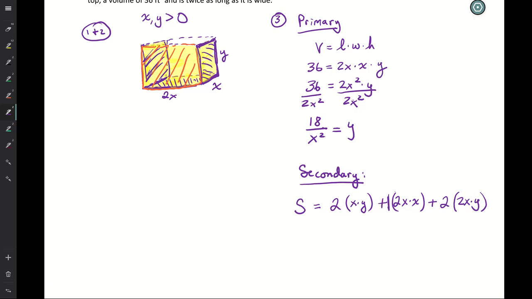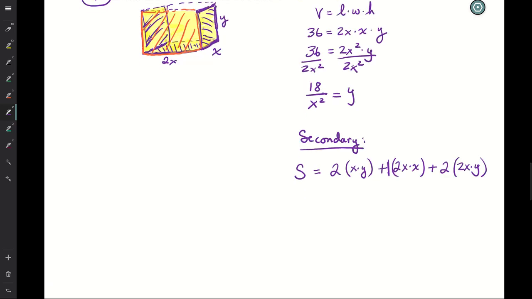From here I'm going to simplify a little bit, and then sub in the y's so that I have everything in terms of just x's. I'm going to neaten this up first. This will be 2xy, this will be 2x squared, and this over here would be 4xy.